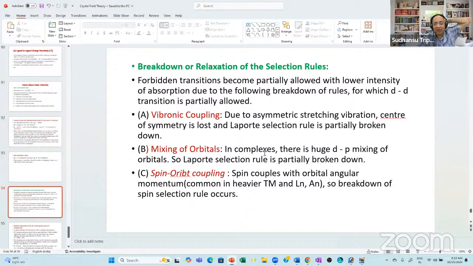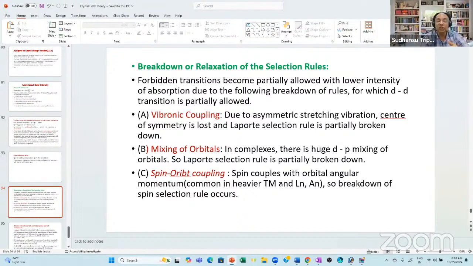And in complexes, there is a huge d-p mixing, d orbital and p orbital, they mix. So d to p is allowed, but d to d is disallowed. You cannot say that strictly, because d is mixed with p, some p is mixed with d. So it is partially allowed. Spin orbit coupling: spin is not the only factor giving magnetic moment.